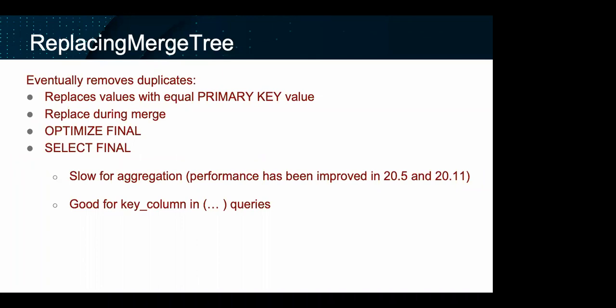But if you filter by key column, then it is very fast because ClickHouse has to do this deduplication only for the data which is subject to the WHERE condition, and it can be very, very fast.